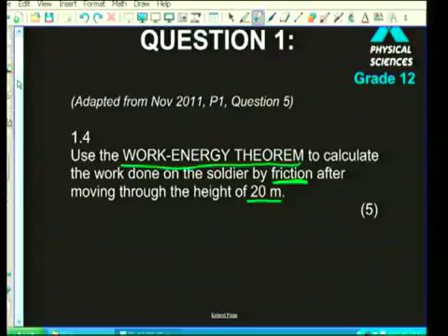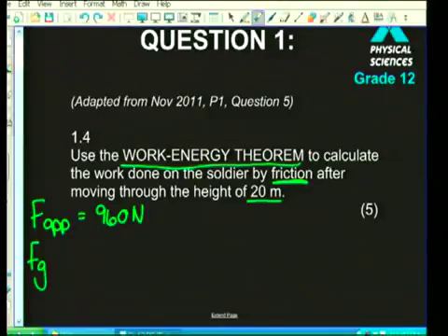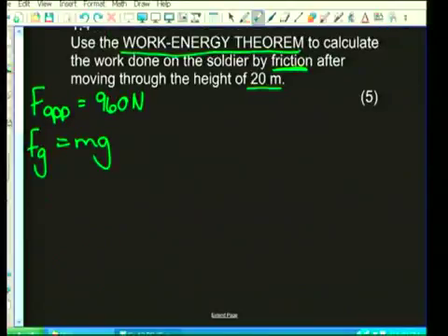Okay? So now, if we remind ourselves what we know, first of all, we know that the applied force, which I'm going to call FAP, is 960 newtons. We know, well, we don't know, but we can find his weight, because that's mass times gravity, so we'll come back to that. What they're asking for is friction.